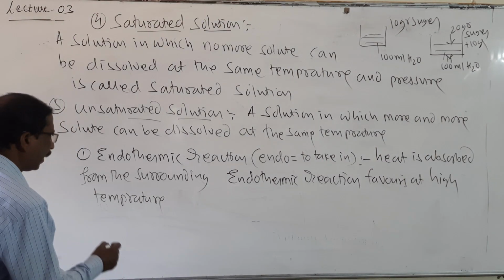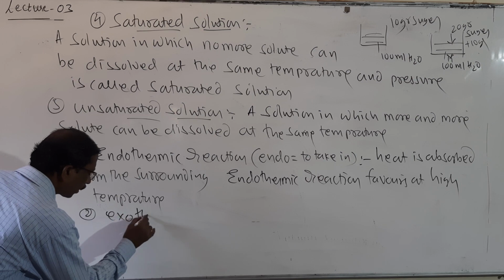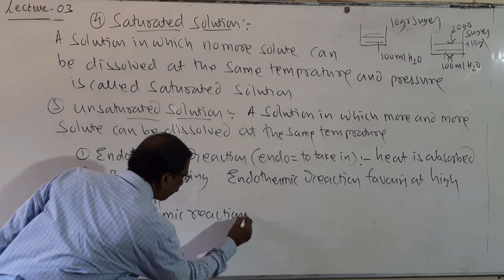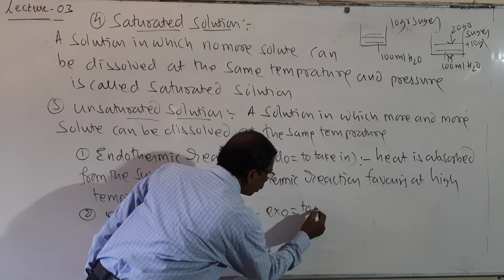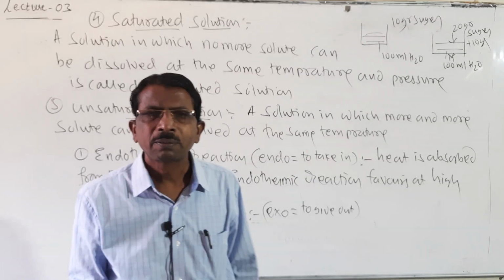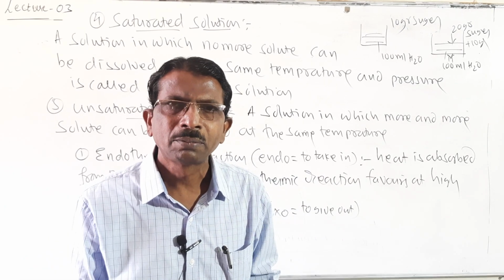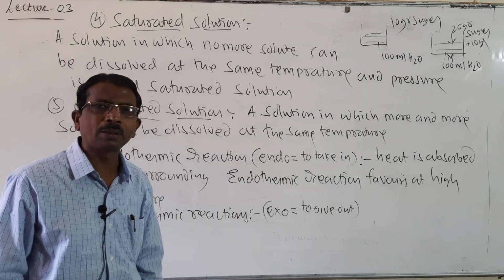And in the same way, what is exothermic? Exothermic reactions. Look here students, exo means to give out. A chemical reaction in which heat is evolved, heat is liberated, heat is given out, is called an exothermic reaction.